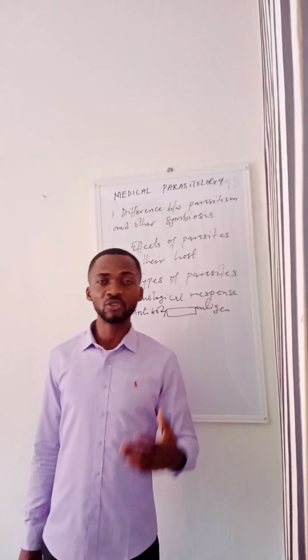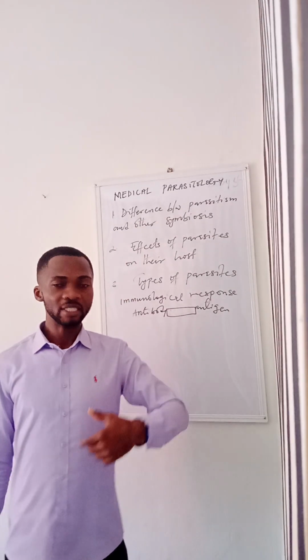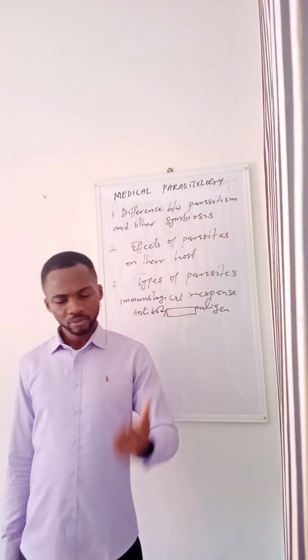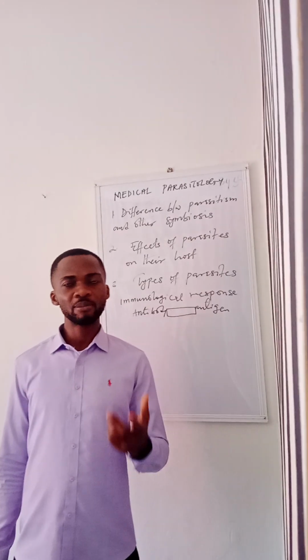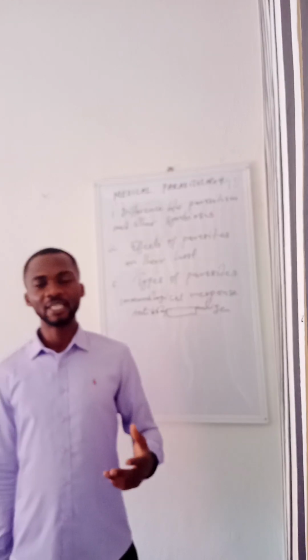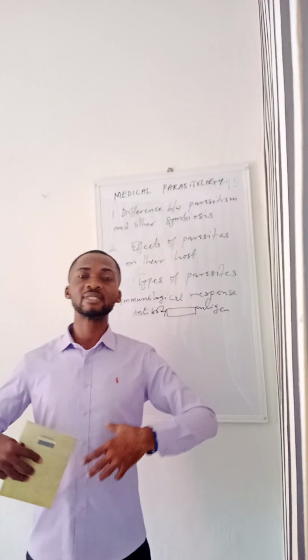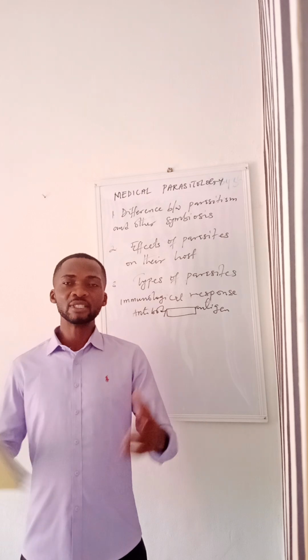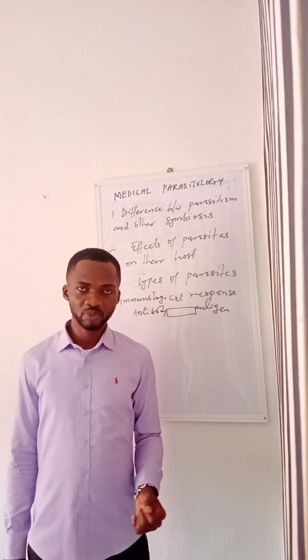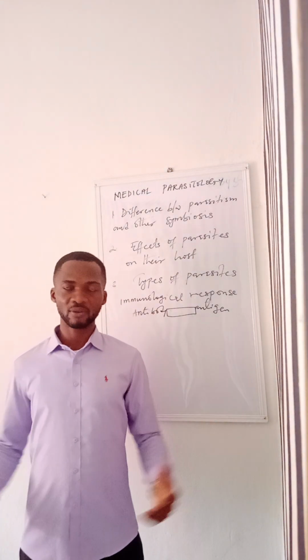In this case, an endoparasite is that kind of parasite that lives in the body of the host. We now have obligate parasites. Now, as the name implies, obligate parasites are parasites that cannot survive when separated from the host. That means that they are obligatory to living with a particular host. And once they are separated, they will no longer survive.